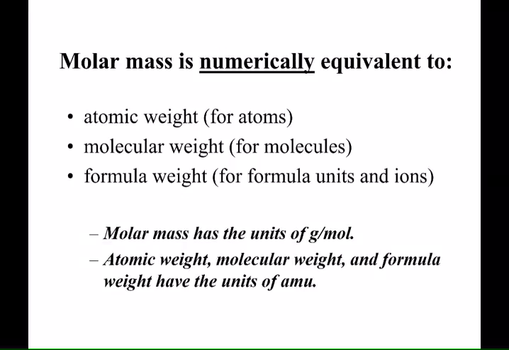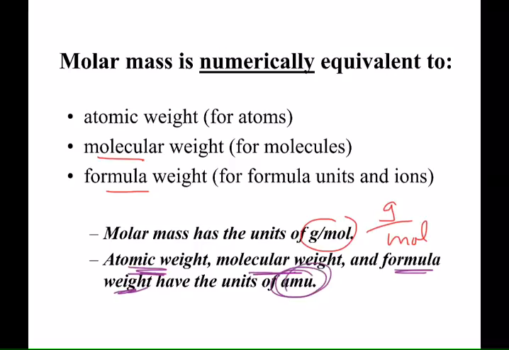So this would apply to earlier when we did molar mass for atoms, and it also applies now for molar mass for molecules and formula units. Units of molar mass are grams per mole, and units of the atomic weight of an individual atom, or the molecular weight of a molecule, or the weight of a repeating unit, a formula unit, those have units of what?